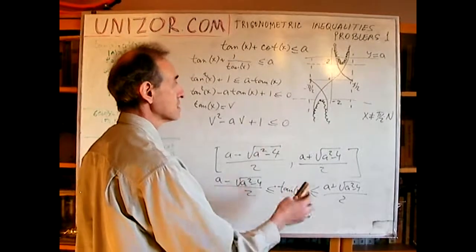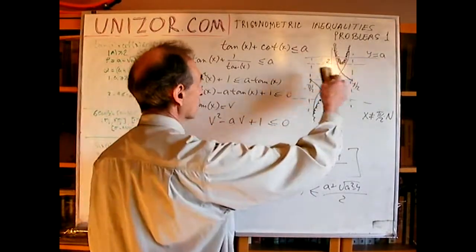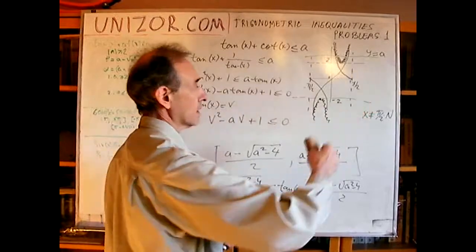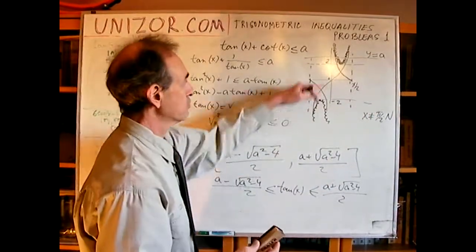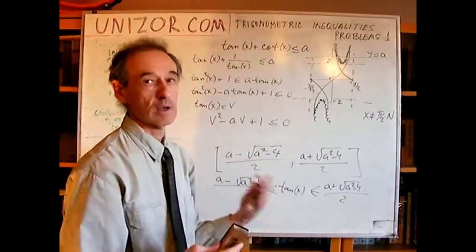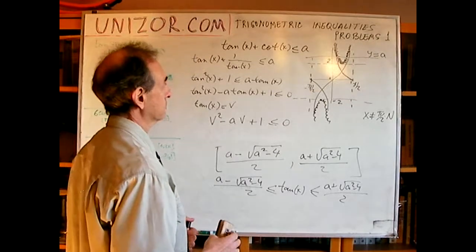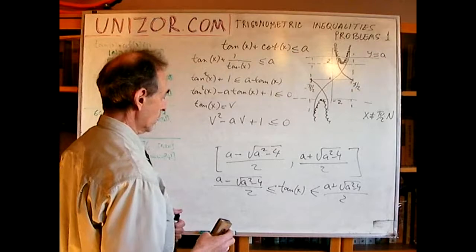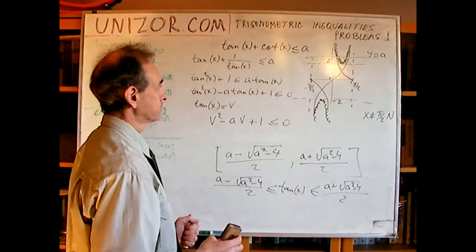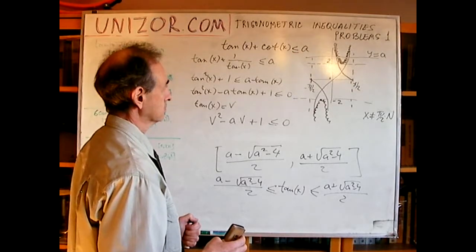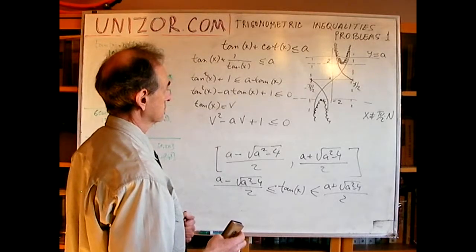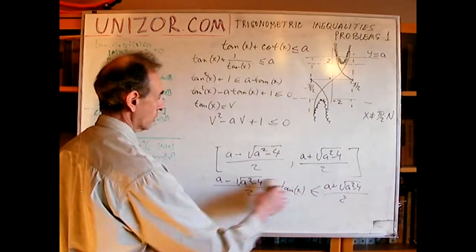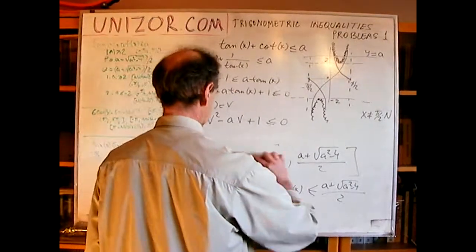So solutions exist only if a is greater than 2 or less than minus 2, which basically corresponds to whatever I was just talking about, right? Okay, now, how to solve these guys? Okay.